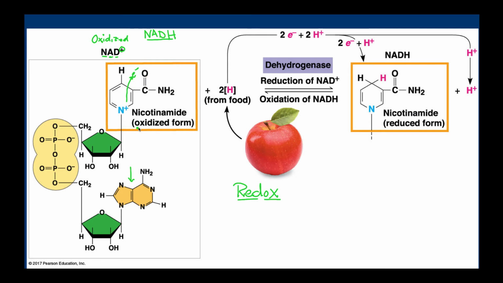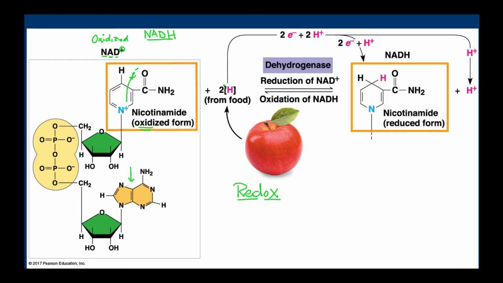Okay. Now, when we have an oxidation reaction, we're going to see a reduction reaction. Okay, so think about if you eat an apple, that's part of your diet. And as we digest the apple, we're going to then use the energy tied up in the sugar molecules of the apple to reduce our NAD+.